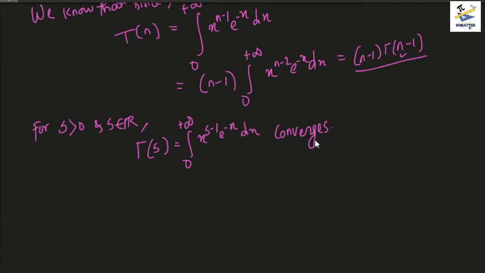So this is basically the theme. This would imply that gamma of s converges for all such real numbers, and this is also true for complex numbers as well.